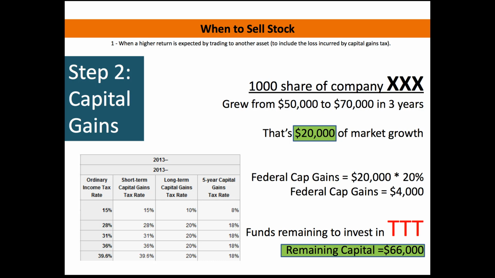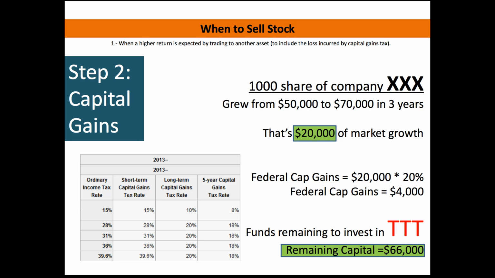Since we're changing assets, we pay the capital gains of $4,000, and whatever's left is what we can invest in the next asset. Since we're trying to invest in company TTT, we're only going to have $66,000 to invest in that company. This is really important to account for, because a lot of people might see that you're getting an extra percent more by transferring into another company, but you have to pay the capital gains.